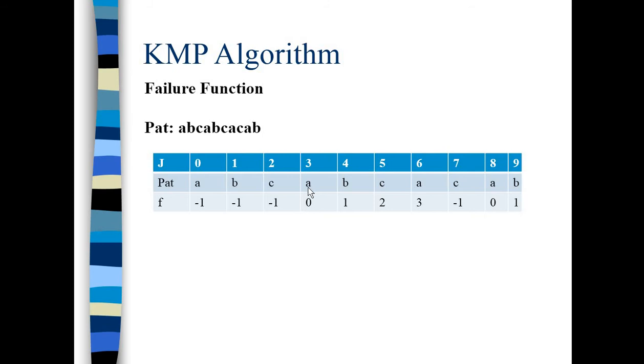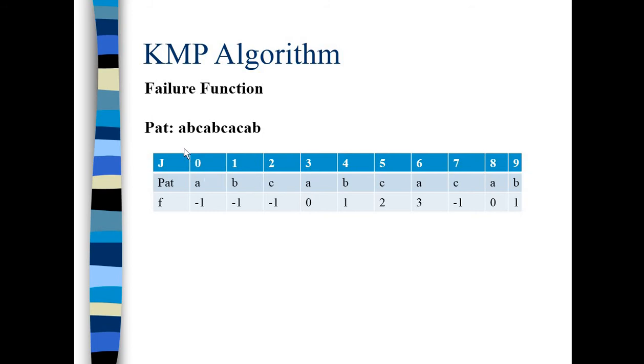So we are comparing the pattern of 0 with pattern of 3. Pattern of j you are going to compare with pattern of I plus 1. So now it will be 3.